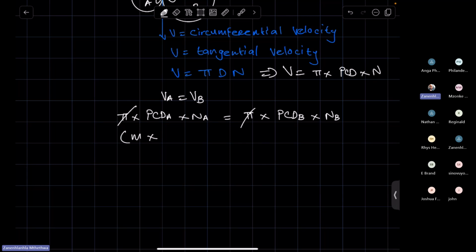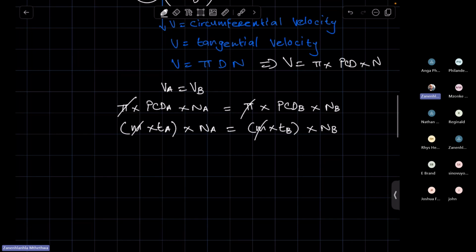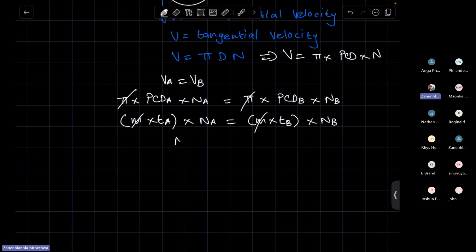So we say module times the number of teeth of A, multiplied by the rotational frequency of A, is equal to module times number of teeth of B times the rotational frequency of B. Again, if gears are meshing, it means their modules are the same, so mathematically these cancel. Essentially, you are left with NA times TA is equal to NB times TB.